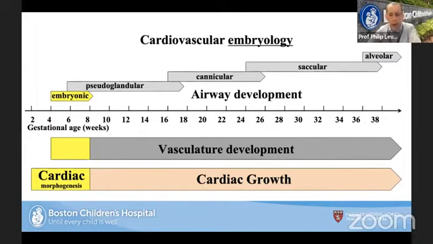So translating that into, for example, pulmonary hypertension, you know that there could be a problem with the lungs. There could be a problem with the heart, but it's that connection between the heart and the lungs, how they're coupled, how the vasculature develops, that helps you manage and determine long-term outcomes. And it all goes back to embryology.